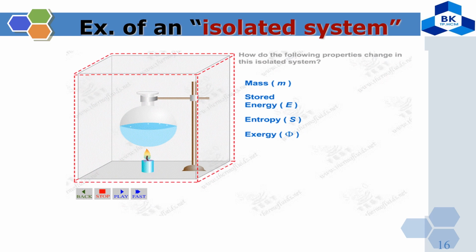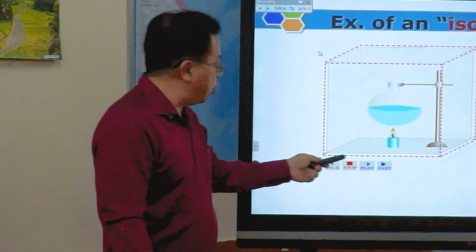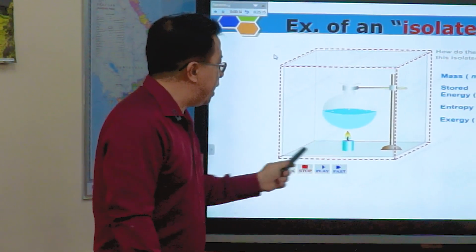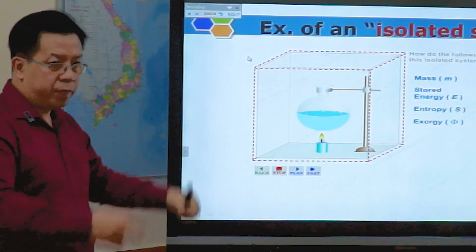How about the isolated system? Look at the picture. Now we put the water in a tank, a bottle, and we provide heat to heat up the water here. But the water and all the equipment here, we put in an isolated box.